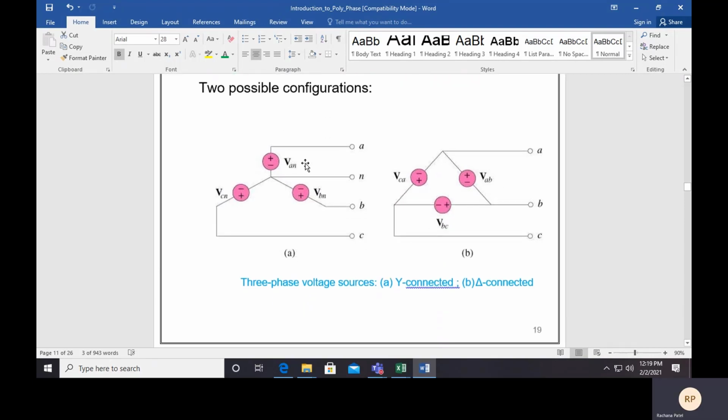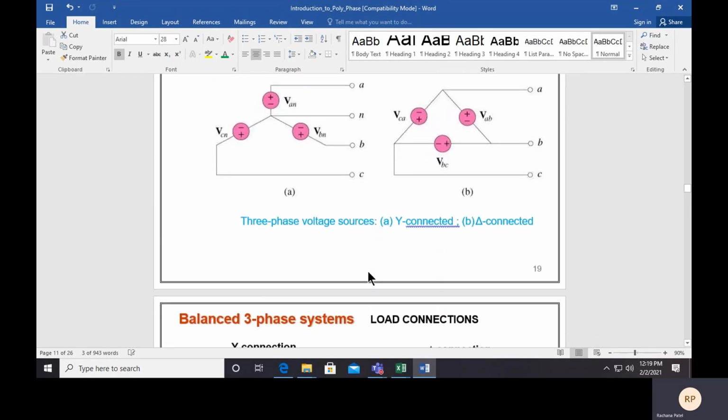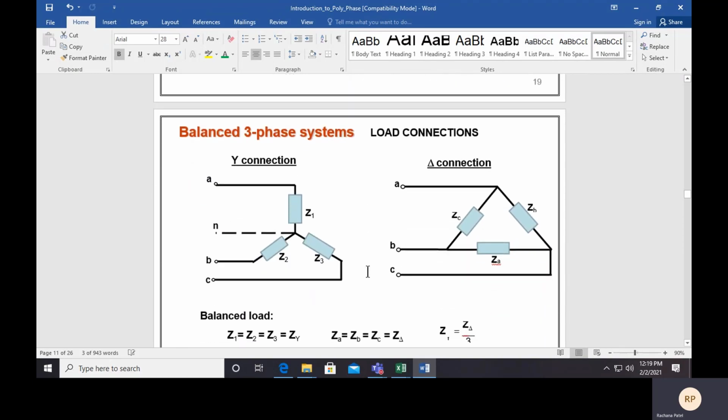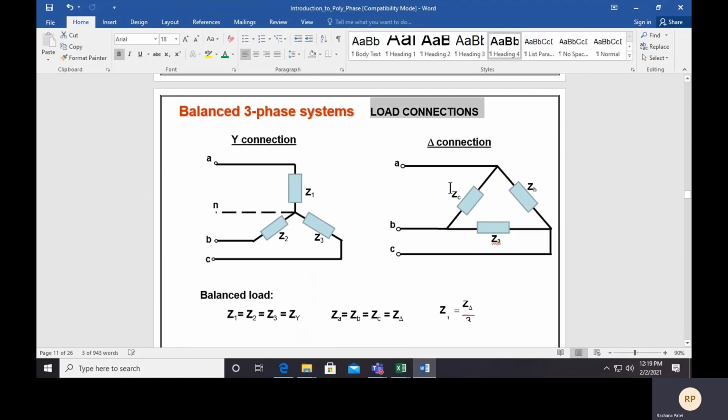So this is the star form, this is the delta. Depending on the requirement, either one can be adopted. In the same way, this is for the load connection. Impedances are connected. This is the star pattern, this is the delta pattern.